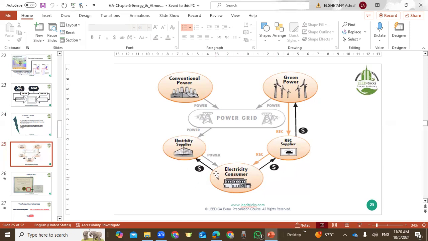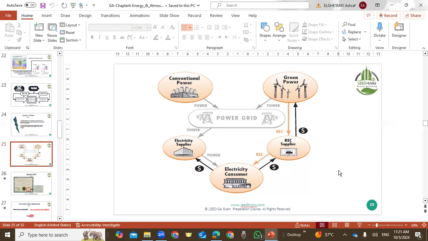If you do both, the more you invest here, the more power will come to you, even through the grid with a higher percentage of green. It's an open world, everything is open together. So more investment in this area will come back to you, indirectly, or to other consumers. The more we invest here, the less conventional power there will be.